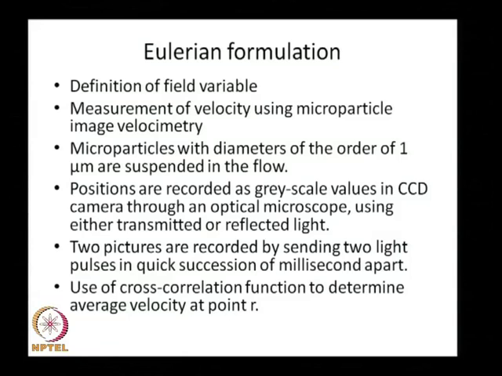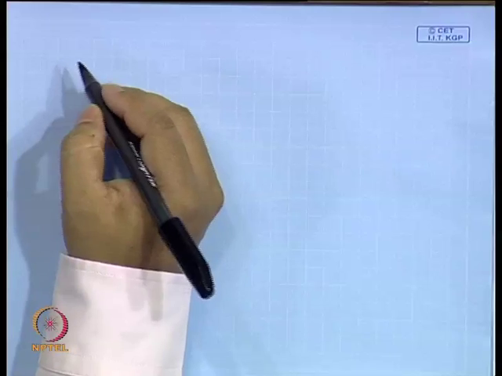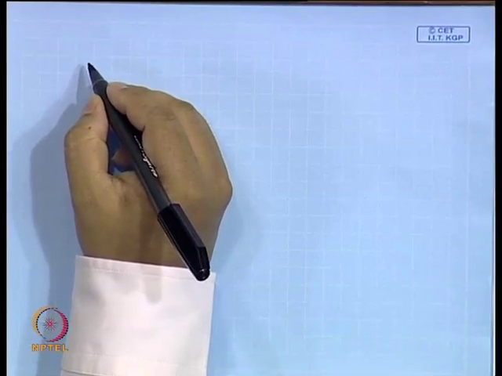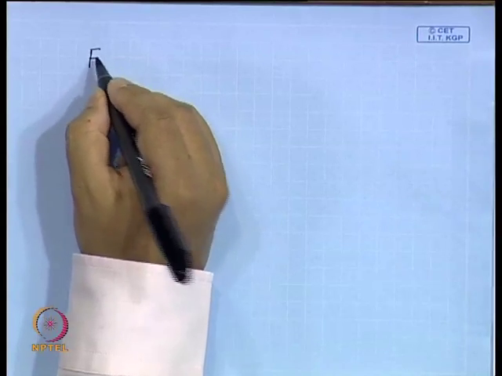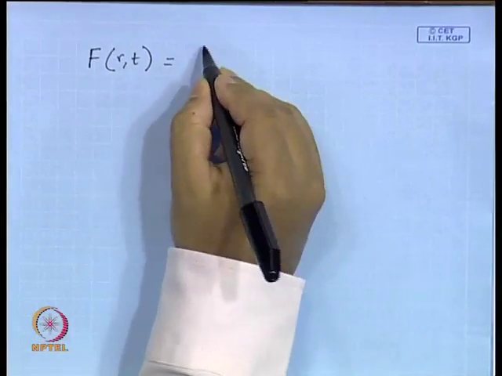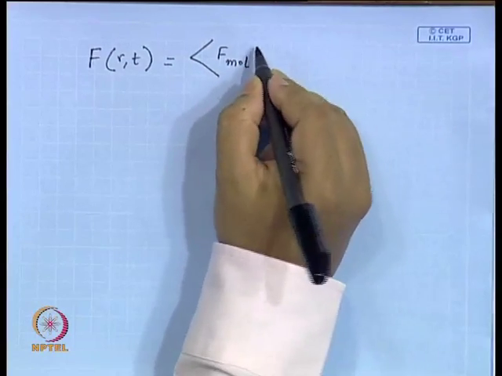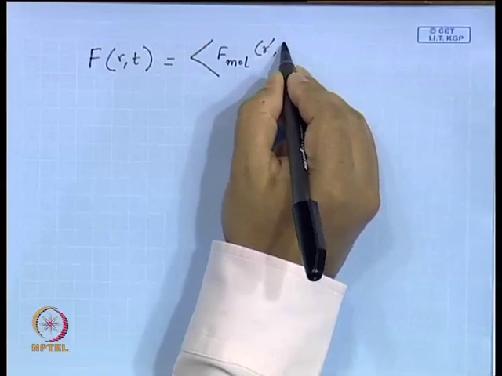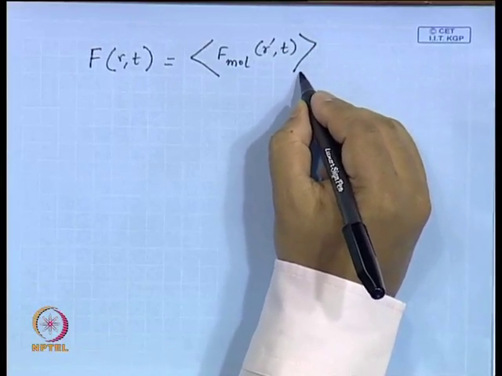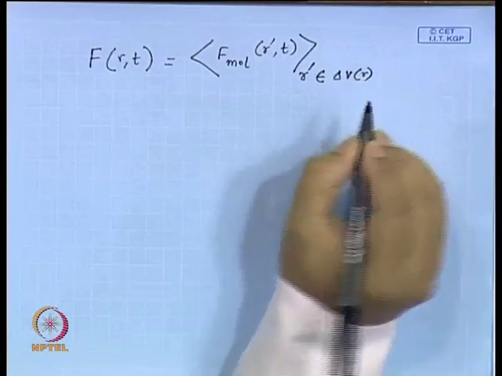A field variable is defined as the average value of the corresponding molecular quantity. Let us write this expression: f(r, t) is equal to the average of some molecular quantity f molecular of r prime, t, where this r prime belongs to this set.